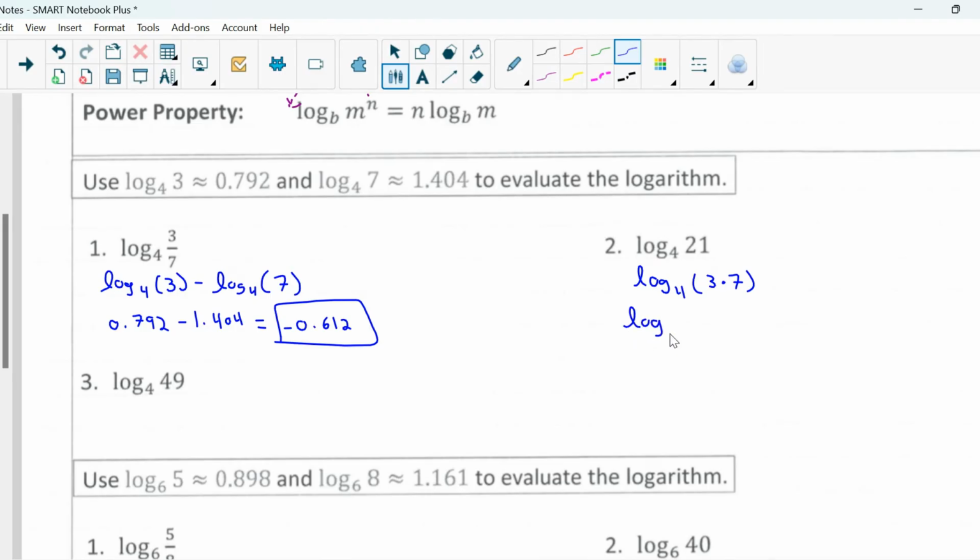So I'm going to figure out what log base 4 of 3 plus log base 4 of 7 equals. So 3 is 0.792, and 7 is 1.404. And if I was to add those together, it would give me approximately 2.196.